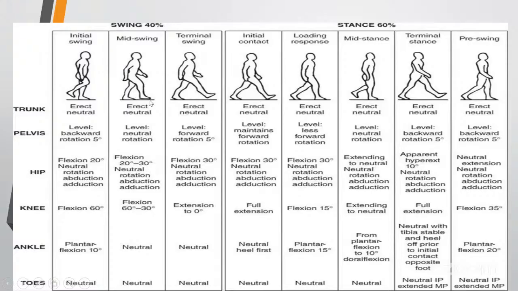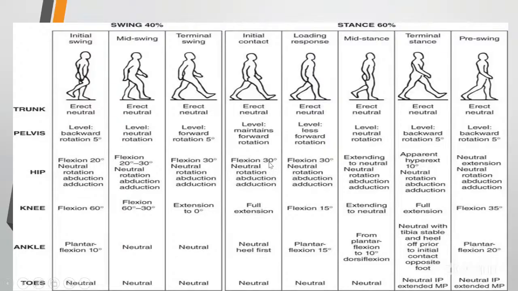We see at terminal swing, this started with swing, sorry, not the stance phase. So 30 degrees of flexion in the swing. Sorry, I'm mistaken, it's not the percentage, it's the range of motion. There is 30 degrees also still of the hip joint at initial contact.